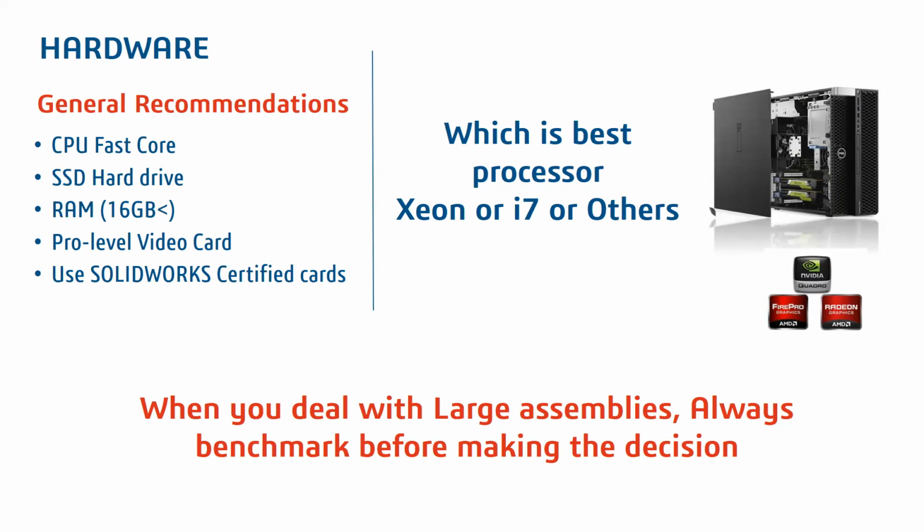But the application is totally different. For example, if you need to perform longer duration processes, you have to go for some processors. If you want faster performance, you may need to go for i7. That is why, based on your requirement, you always have to benchmark your system specification before making a buying decision on hardware.